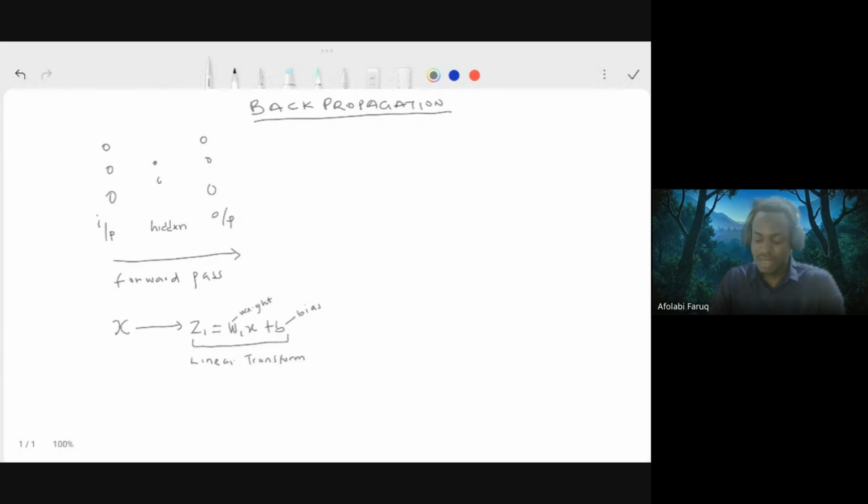Then after that, we have the activation A, which is being applied. The activation is the nonlinear transformation of the data. Oftentimes we apply this on each layer of our architecture.